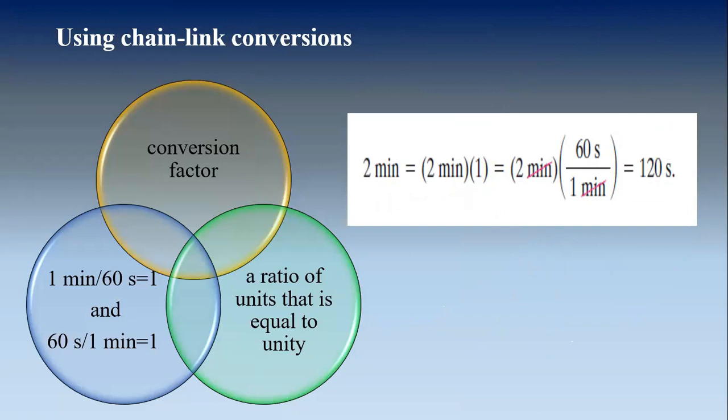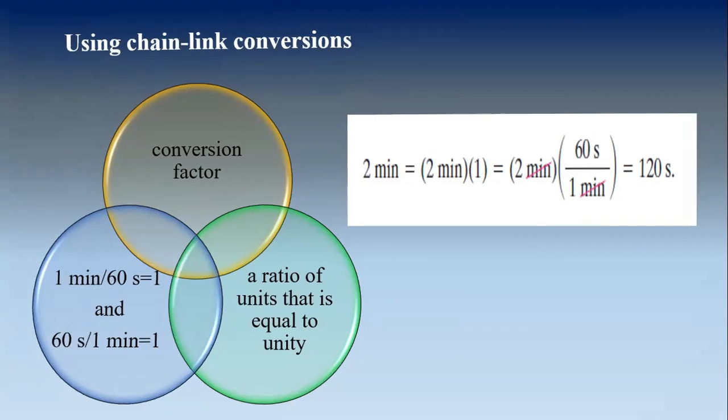Then we put minutes in the denominator, and 1 minute is equal to 60 seconds. We put 60 seconds in the numerator. After that, we cancel the minutes, and 2 times 60 seconds will be 120 seconds.